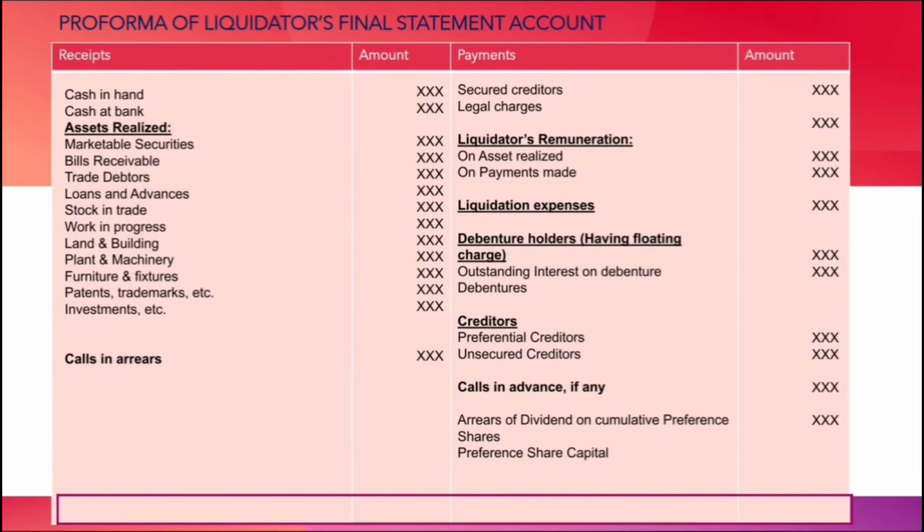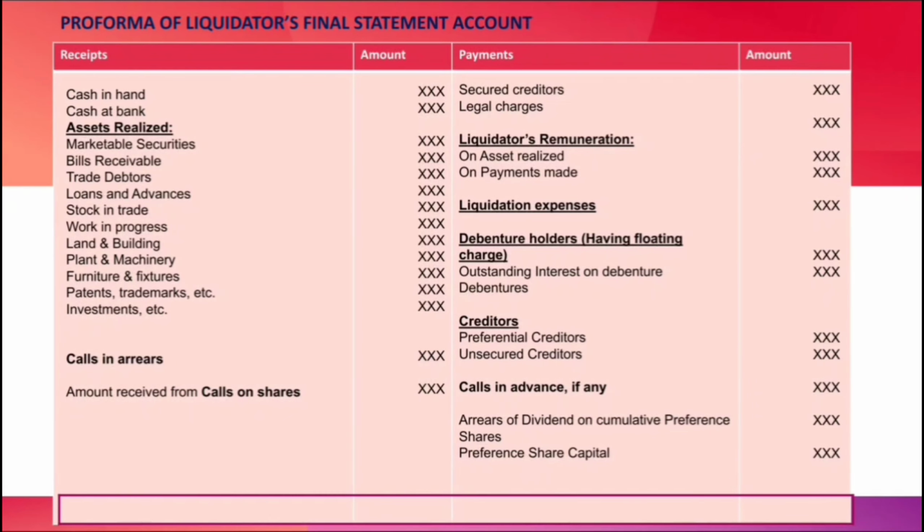If there are not sufficient funds to pay up to preference share capital, and if the shares of the company have been partly called up, in that case the liquidator has to make calls on shares from the contributories. Once the calls are made, the call money has to be collected so that the amount can be paid up to preference share capital.